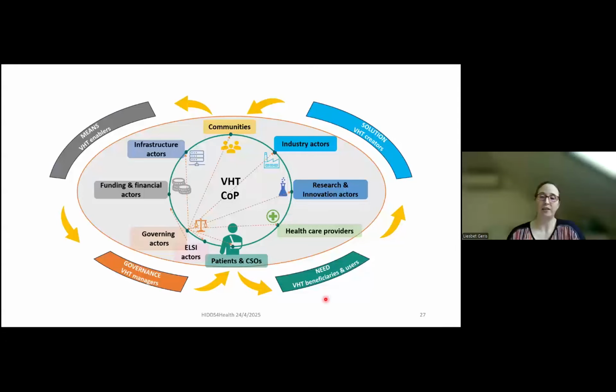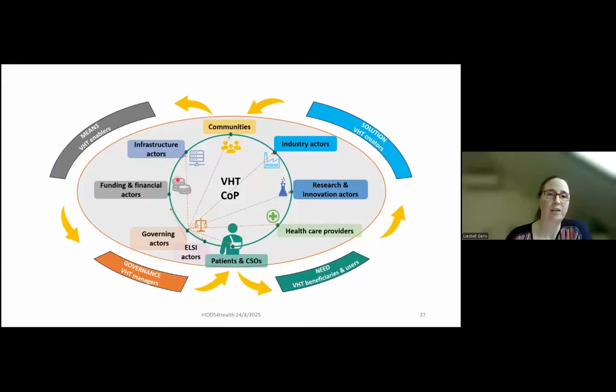They're the beneficiaries and the users along with the healthcare providers. Now then there is a group that represents the VHT creators, which are the research and innovation actors, hospitals, academia, research institutes, industry actors, anybody that is helping in developing specific VHT or digital twin applications.